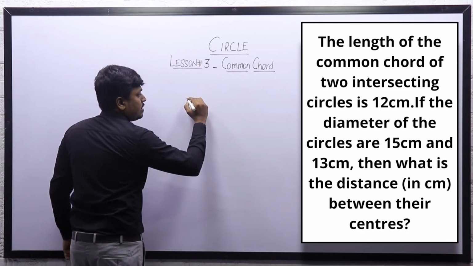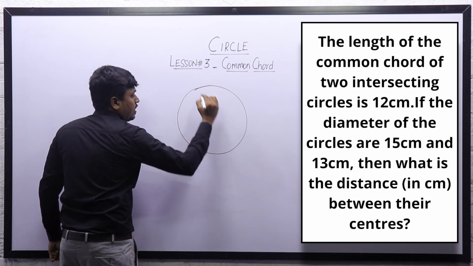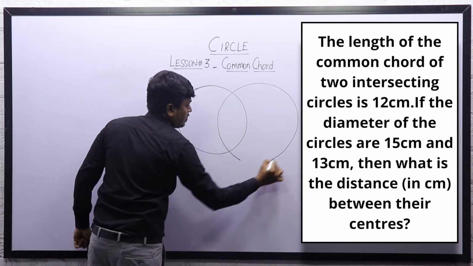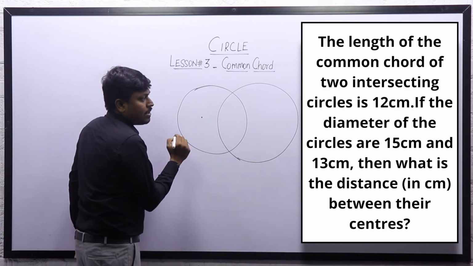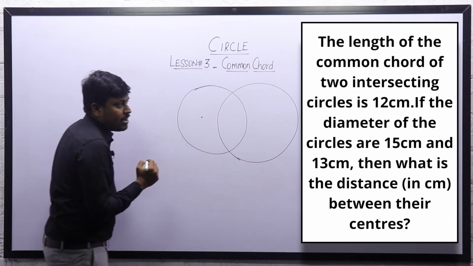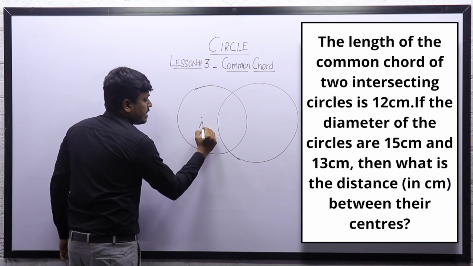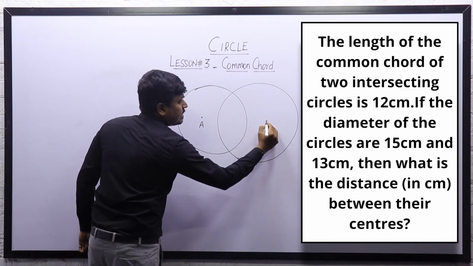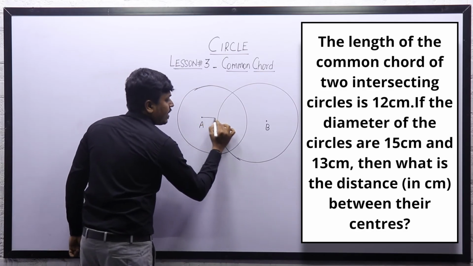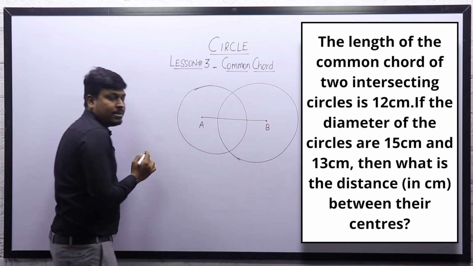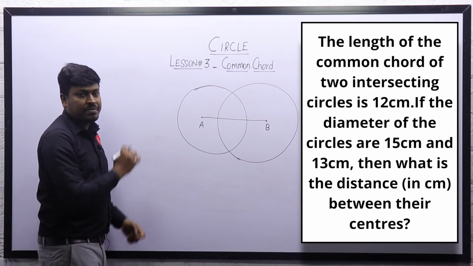So there are two circles, right? So let me draw circle 1 and circle 2. Everything is similar to the first question. The first circle's diameter is given, that is 15 centimeter, right? And the second circle's diameter is given, that is 13 centimeter. Also our target is to find the length of this line, the distance between the two center points of the circles.